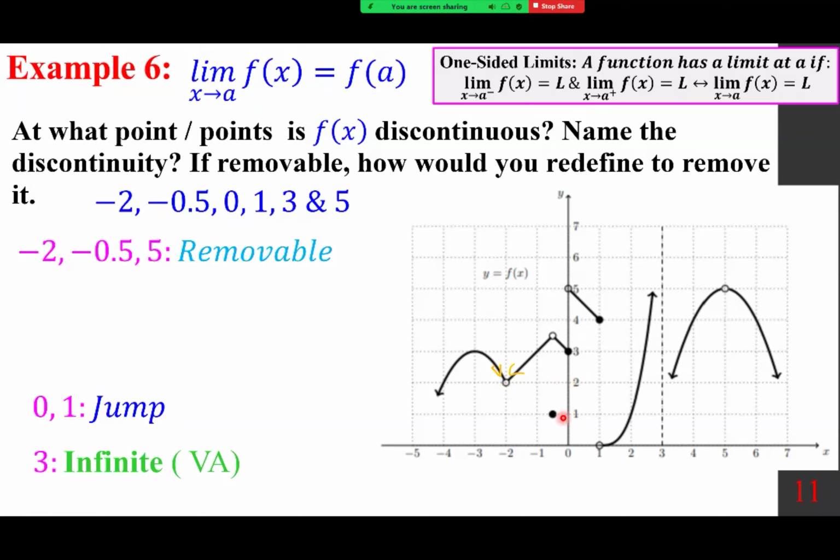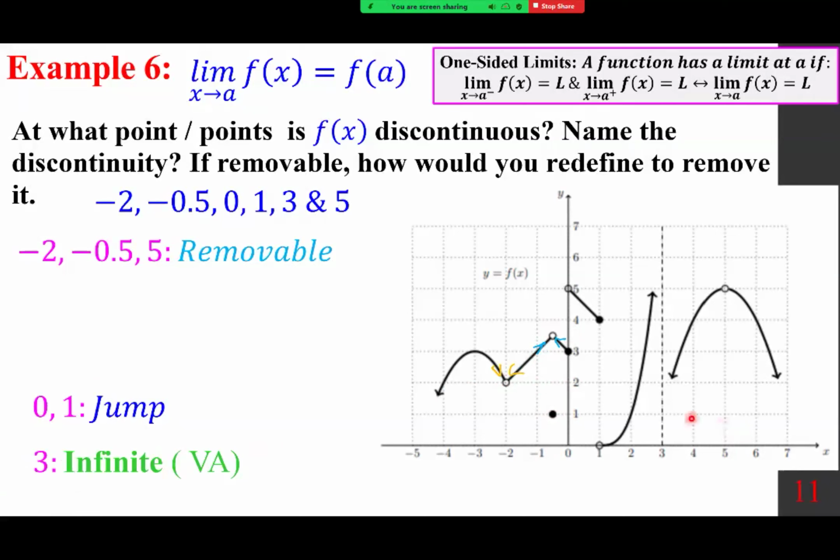Same thing here. Notice that we have this way and this way, the limit exists, and the limit is equal to this number, seems to me is 3.5, but the functional value is 1. If we redefine it as 3.5 fixes the problem.